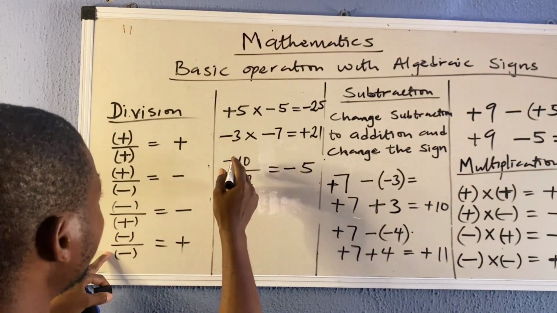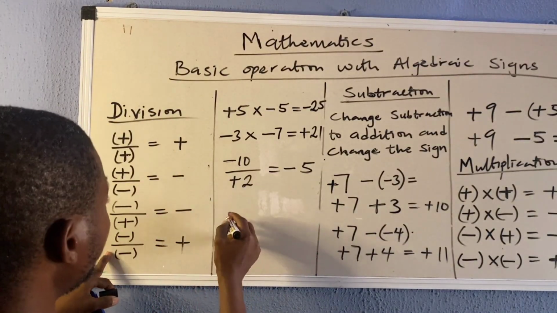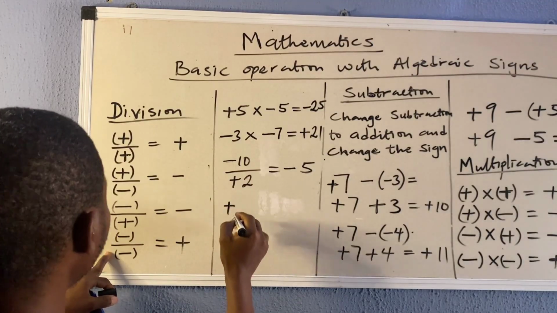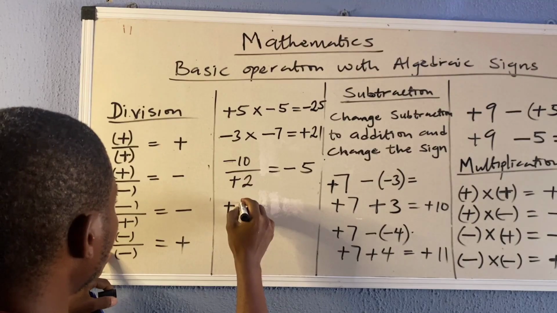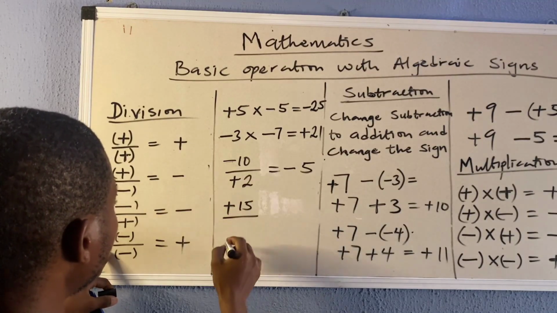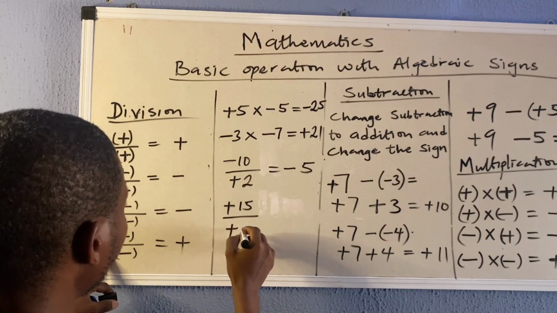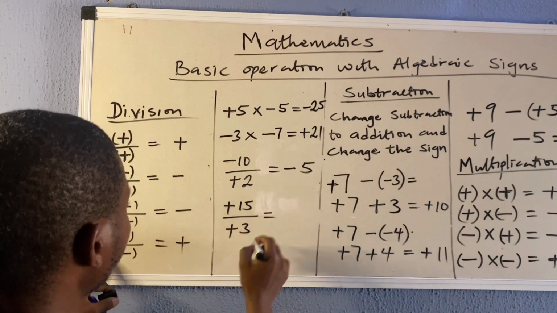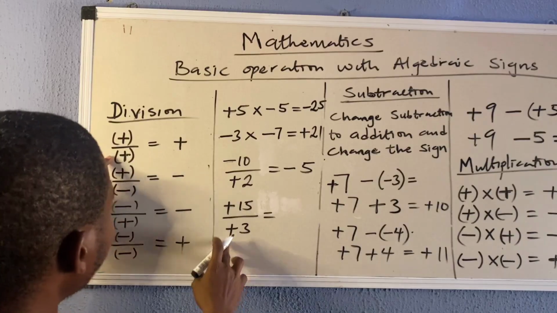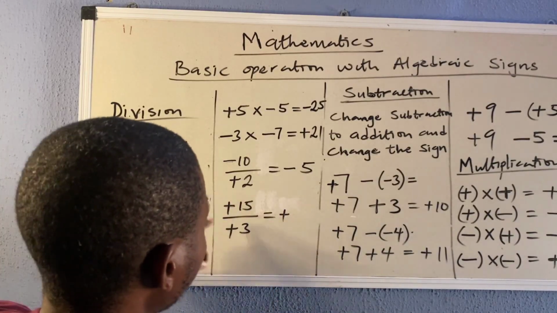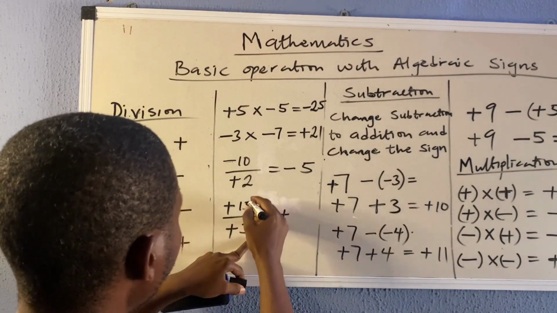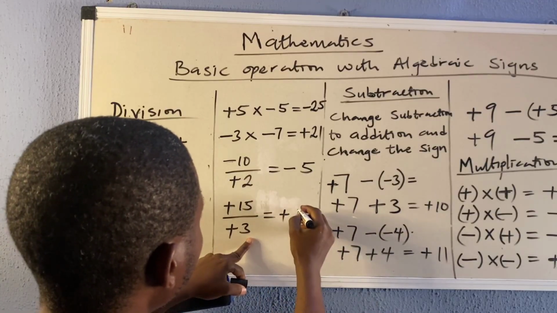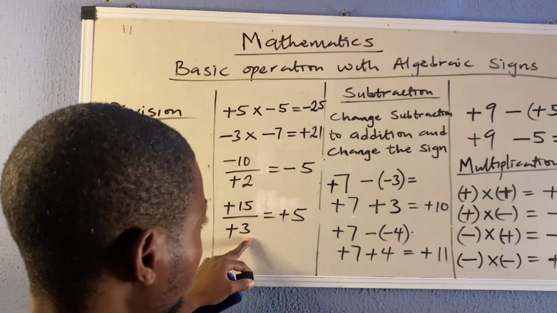Now let's look at plus 15 divided by plus 3. Plus divided by plus give us plus. Write the sign down. Then 15 divided by 3 give us 5.